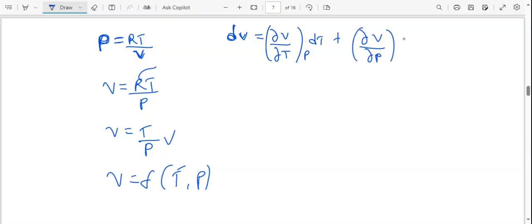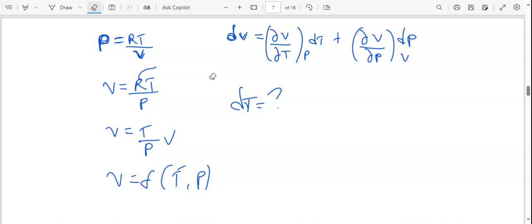Then this means dP, change in pressure, then we'll keep temperature there. So that's the formula we'll be using. I mean, that's the dV. We can also have the dT and try to find dT. All right, try to find dT.